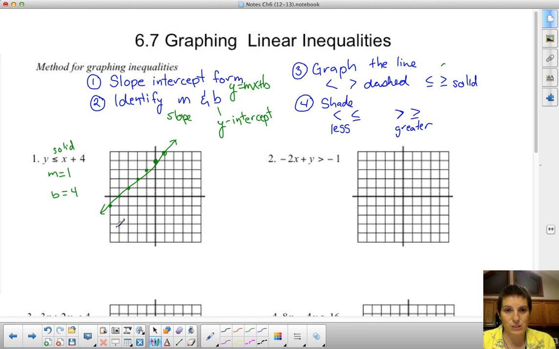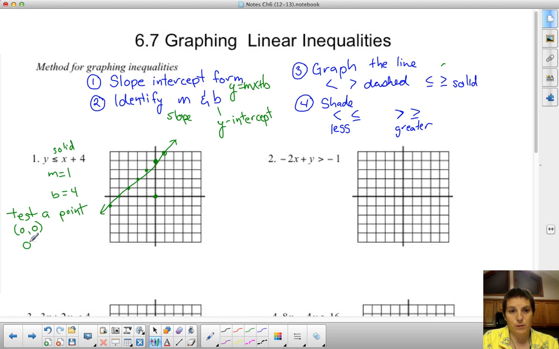There are two ways to do this. The first way is to test a point. Pick an easy point. For me, the easiest point is the point 0, 0. I want to know if I plug in 0 for x and 0 for y, do I get a true statement?